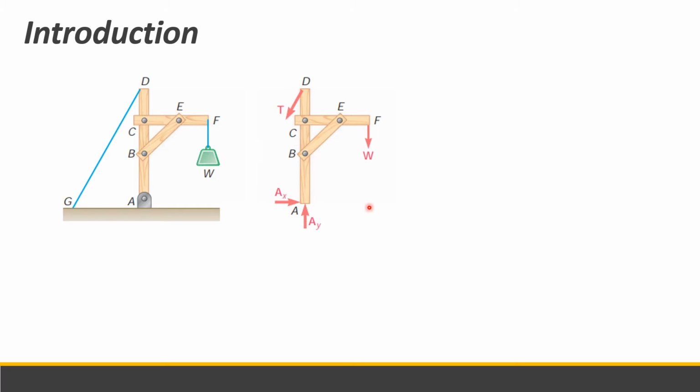We mentioned na i-discuss natin, or hahanapin natin yung mga internal forces. The internal forces holding the various parts of the crane together do not appear in the diagram. In the free body diagram, we cannot see the internal forces like the forces na nandito sa mga pin na to.